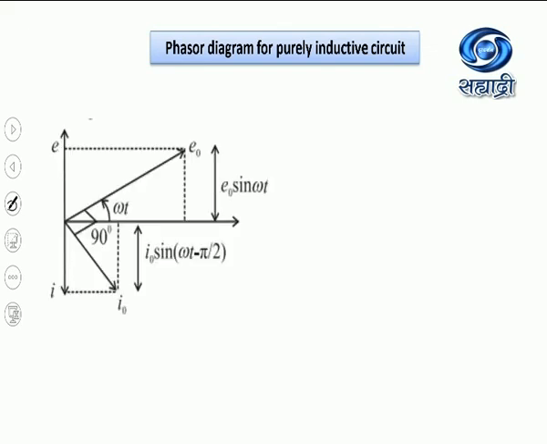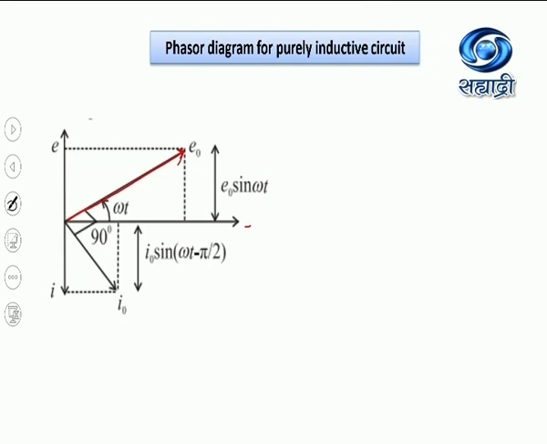Now the phasor diagram will be drawn for a purely inductive circuit. Initially our base equation is E is equal to E naught sin omega t. So here is the x-axis and I am representing EMF with the phasor. The peak value of the EMF is represented by the length of this vector.